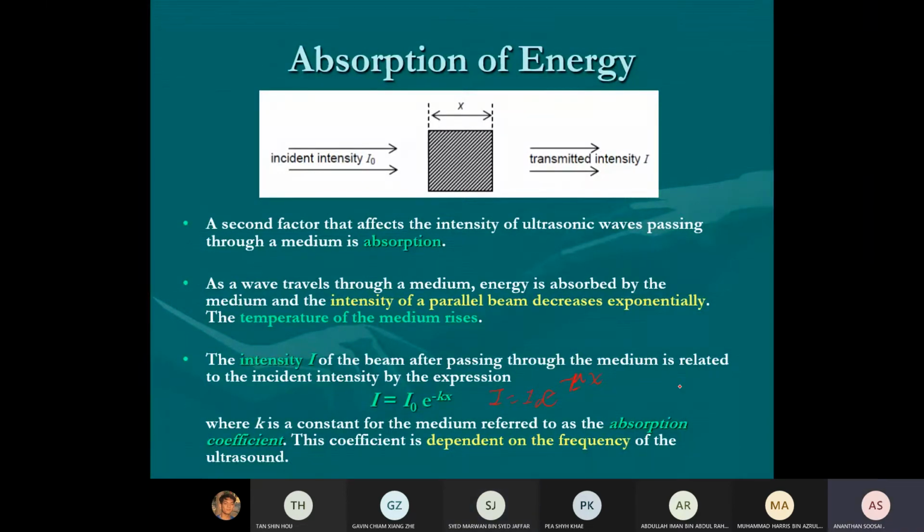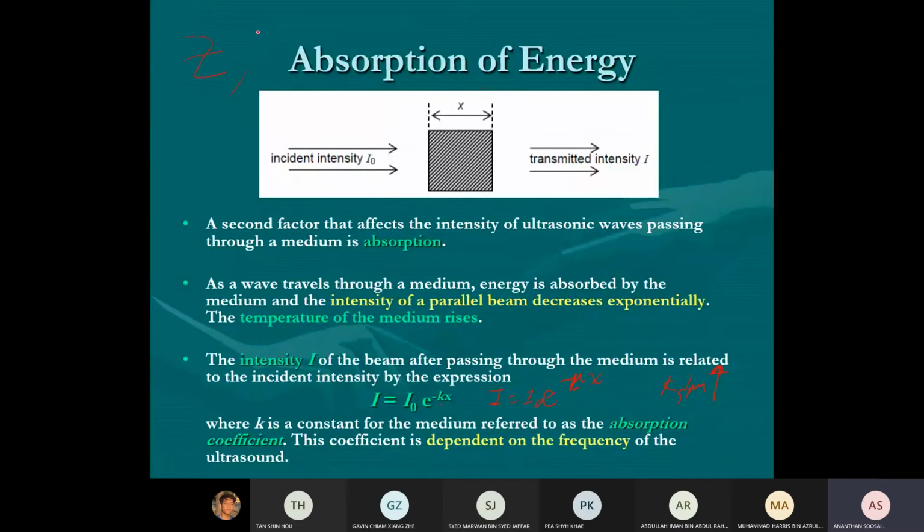If k or mu is very high, what is the meaning of that? k depends on the type of medium, the type of tissue. Different tissues have different absorption coefficients, just as different tissues have different acoustic impedance.